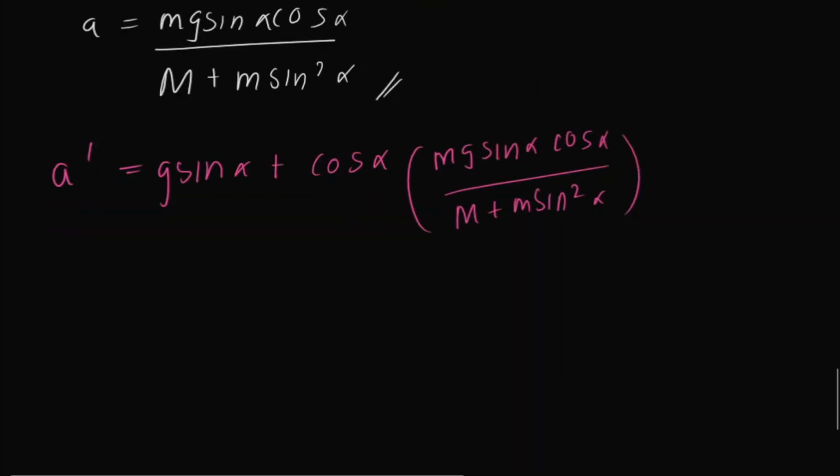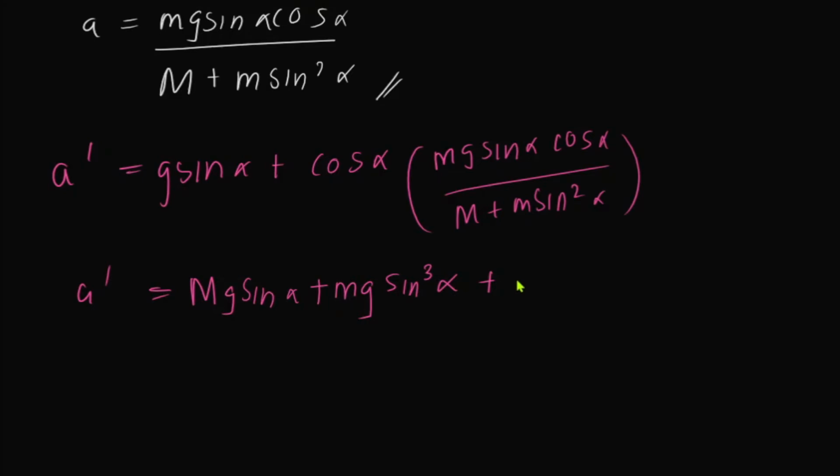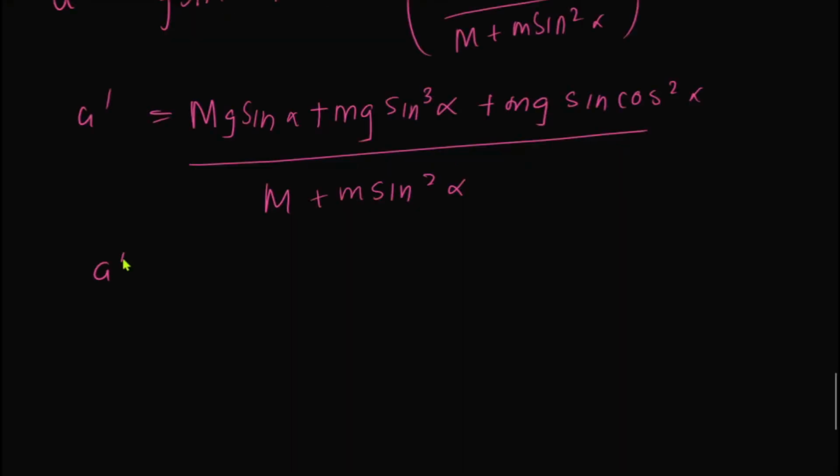So if you simplify this, A dash is going to be capital Mg sin alpha plus mg sin cube alpha plus mg sin alpha cos squared alpha over capital M plus simple m sin squared alpha. Okay, A dash in that case is going to be Mg sin alpha, and mg sin cube alpha plus mg, this of course I can write as 1 minus sine squared alpha, right?